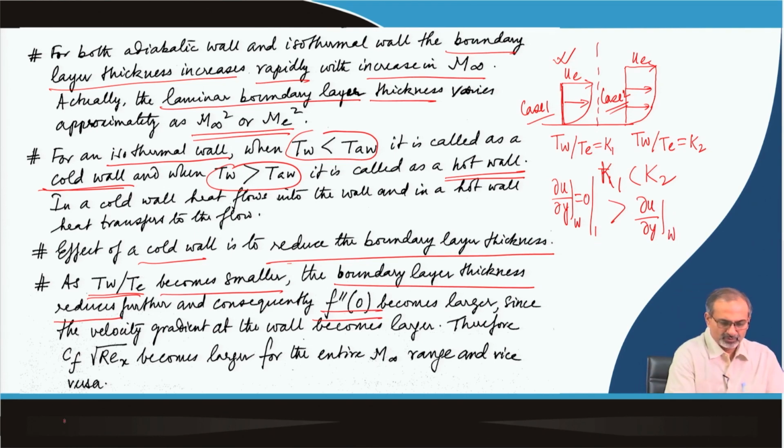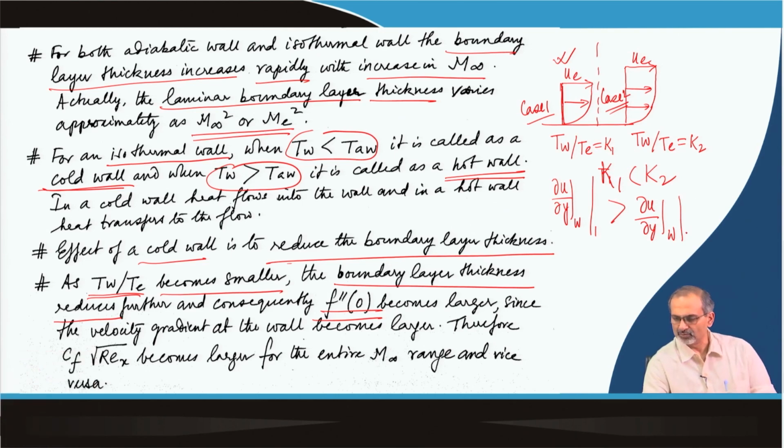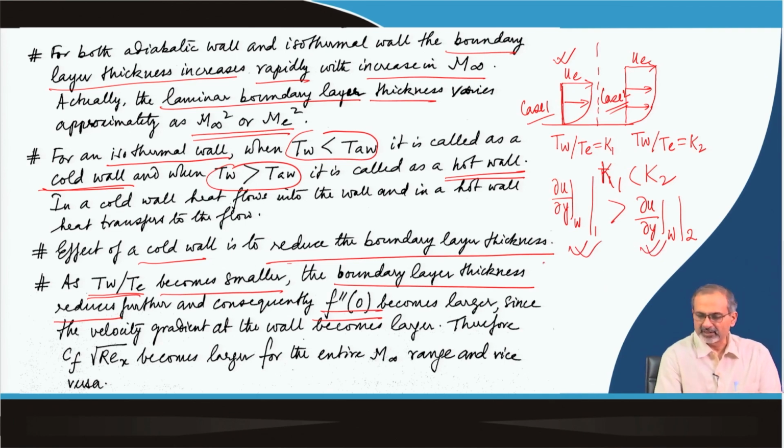So, you need to make a small correction here. It is not equal to 0, rather we are just talking about what that value is and comparing it with case 2. So, naturally the gradients compare like this, and that is basically the effect of reduction of the boundary layer thickness.